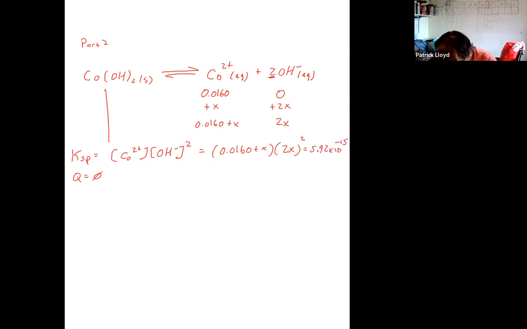So if you logically think about these numbers, what would x have to be for this equation to be solved? It's not going to be very big. In fact, in the previous problem, it was 10 to the minus 5. It's probably somewhere around there, maybe actually smaller. And so in a sense, x is very, very small in this problem.